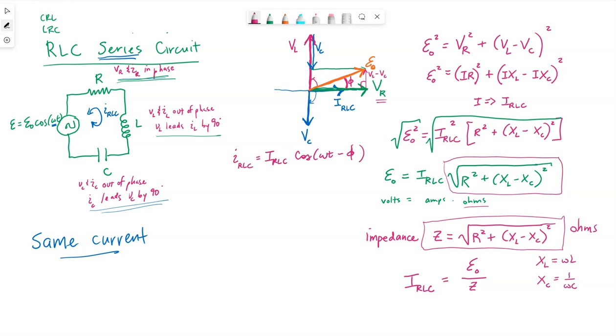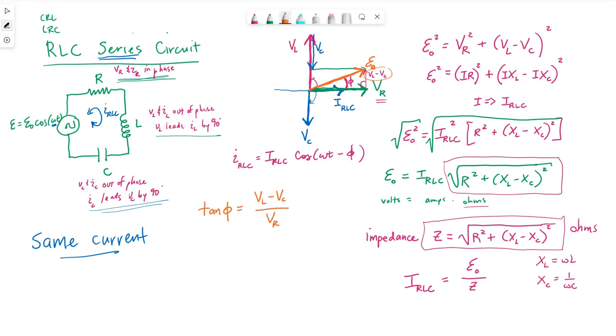That phase angle is actually relatively easy to calculate. In that triangle itself, we can say the tangent of that phase angle would be the opposite side, the VL minus VC, over the adjacent side.